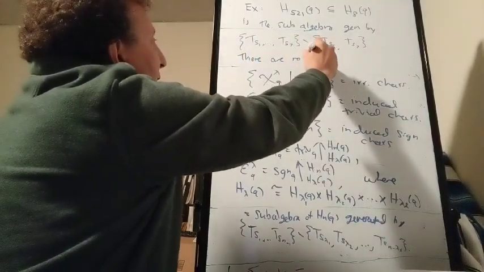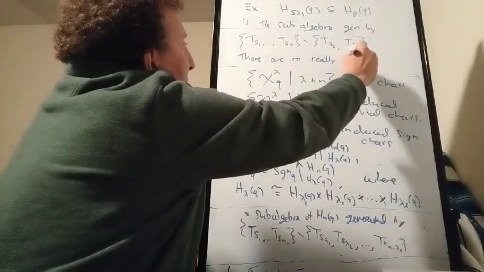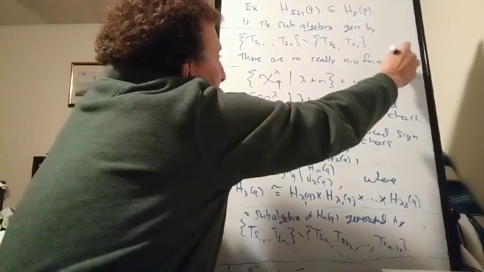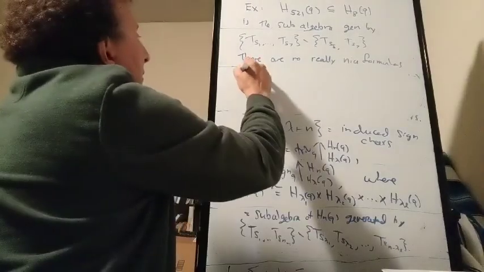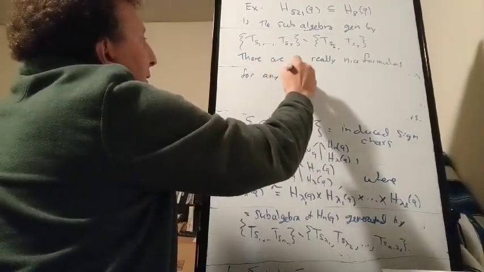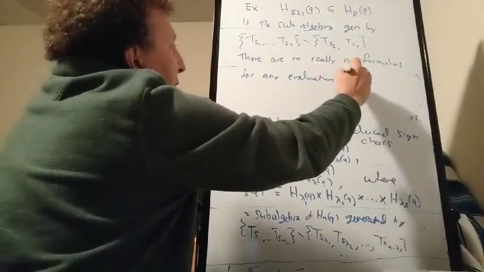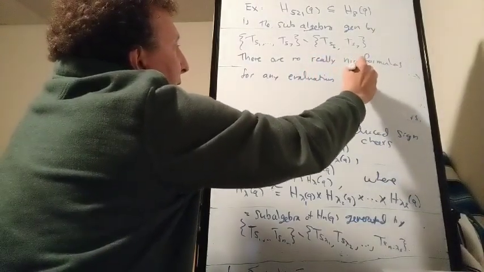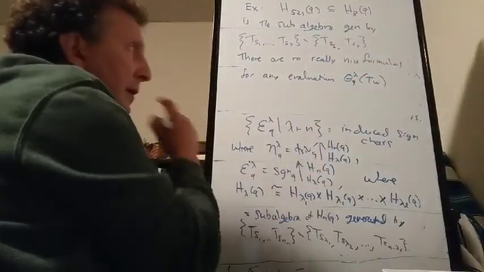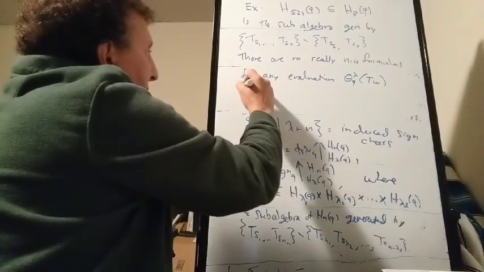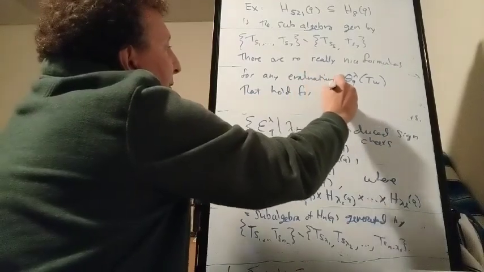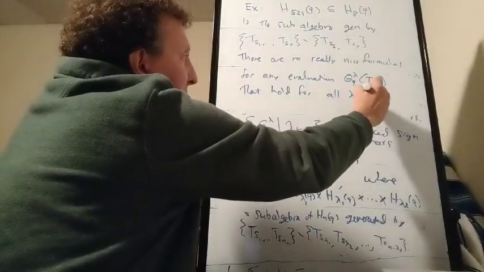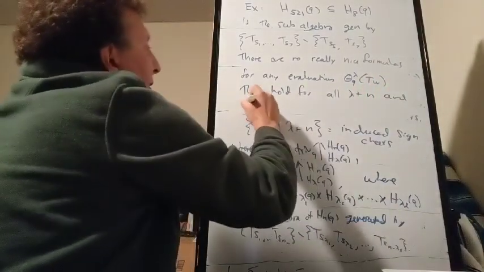Now there are no really nice formulas for any evaluation theta q lambda of TW that hold for all lambda partition of n and all W in the symmetric group.